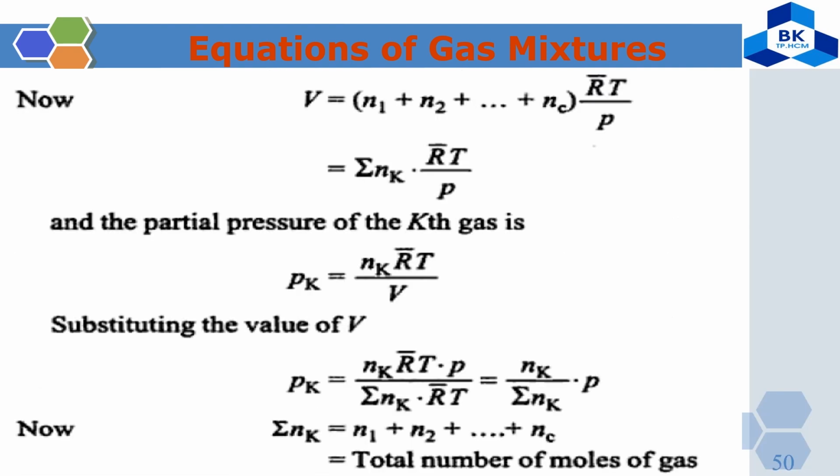We call these the partial pressures. The same for the number of moles: we have N1, N2 and so on, up to C, the number of moles of the different gases in the gas mixture.